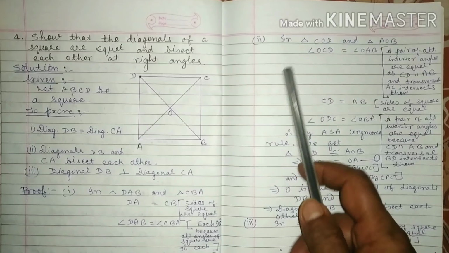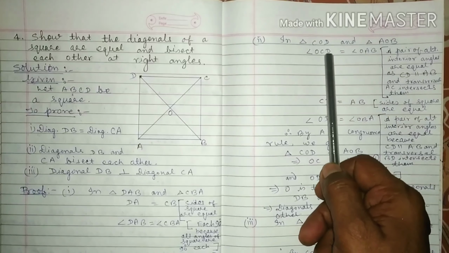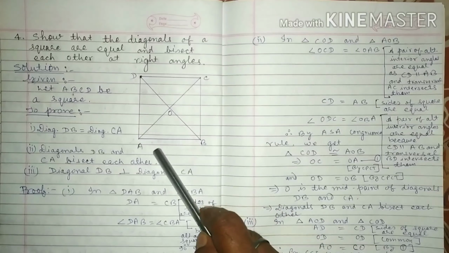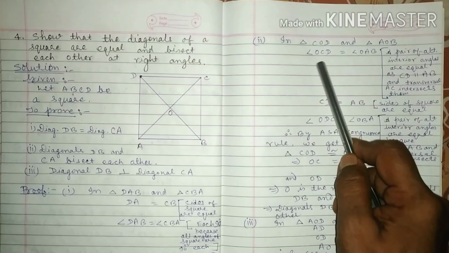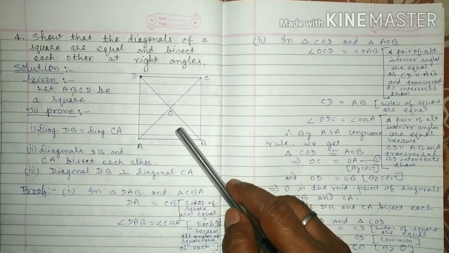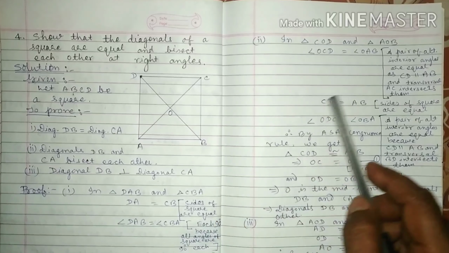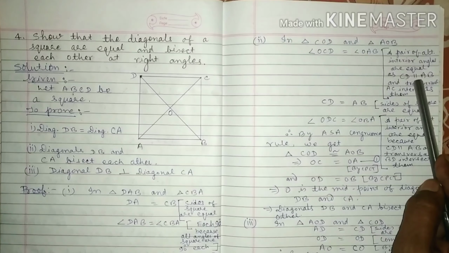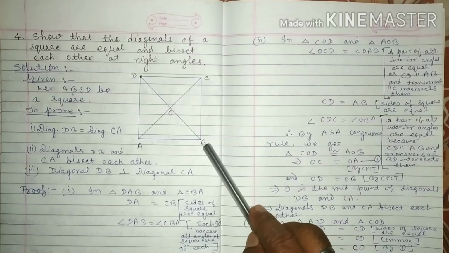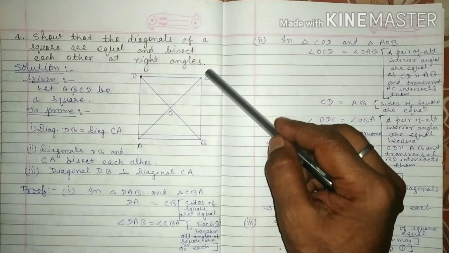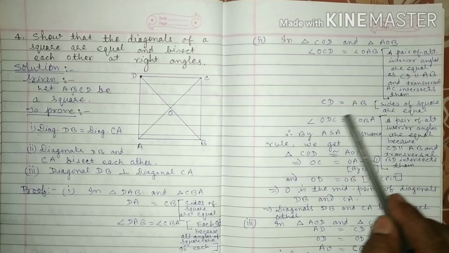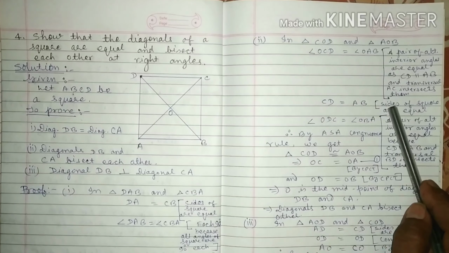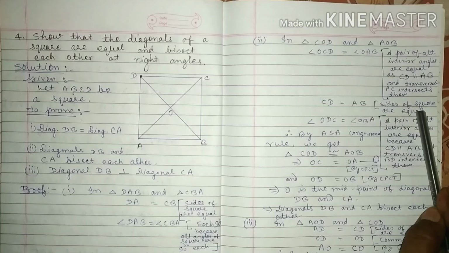Now proof of 2. In triangle COD and triangle AOB, angle OCD equals angle OAB. A pair of alternate interior angles are equal as CD is parallel to AB and transversal AC intersects them. CD equals AB, sides of a square are equal.